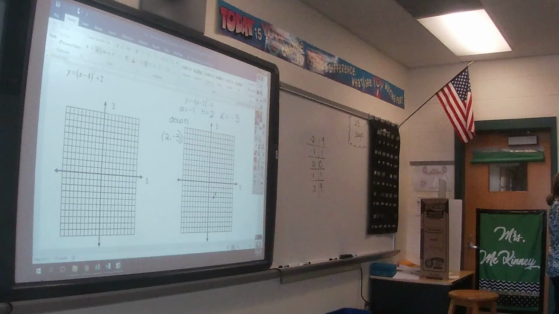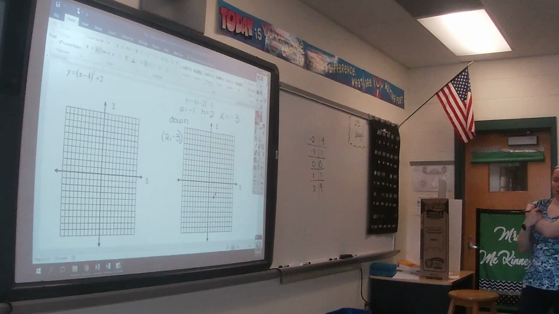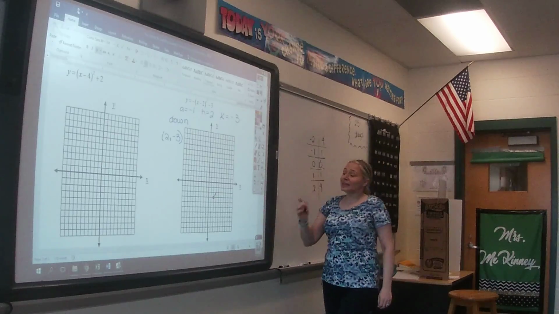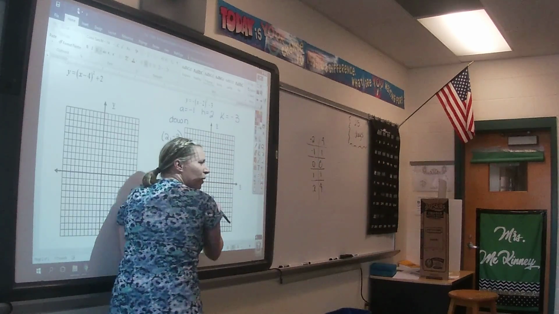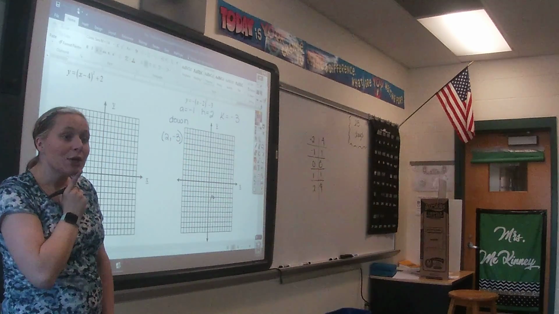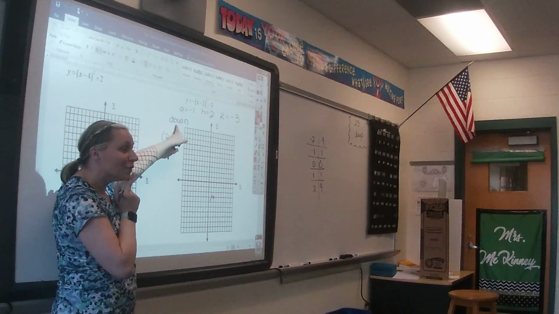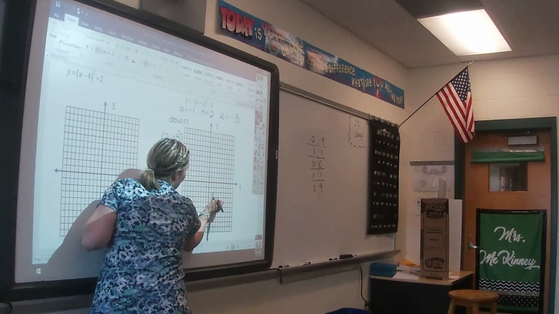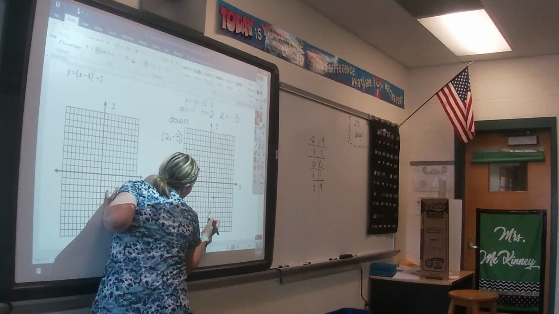And then how many am I going to move from this point? I'm going to move left 2, but do I want to go up 4? No, I want to go down 4. So I'm going to go left 2, down 4.